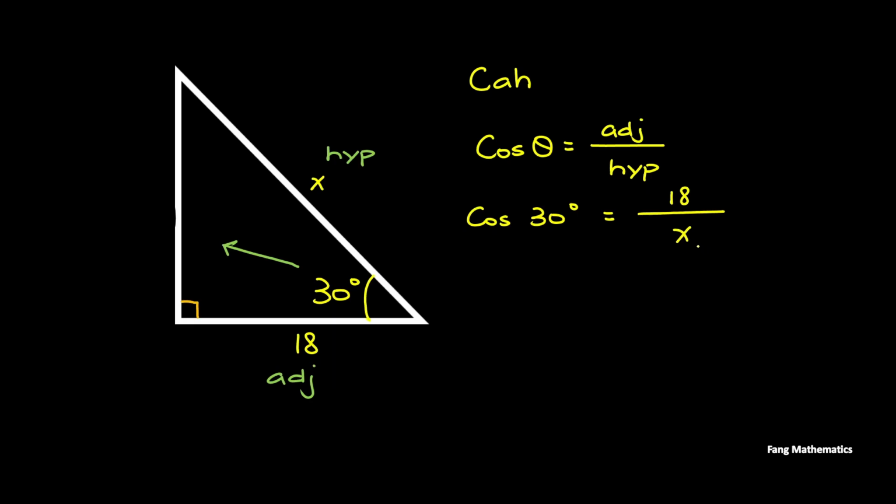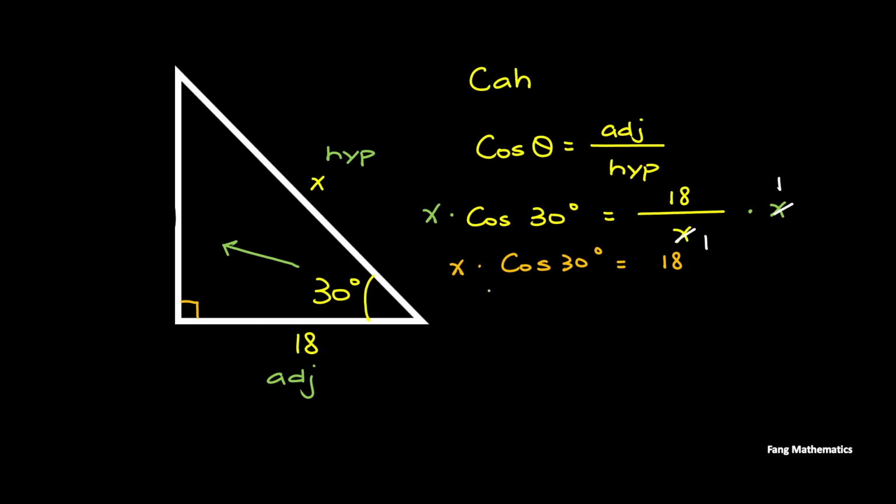We are to solve for x, so let's turn this x on the numerator first. So we are to multiply both sides by x. On the left-hand side, we should get x multiplied by cos 30 degrees is equal to, on the right-hand side, x and x eliminated, leaving you 18.